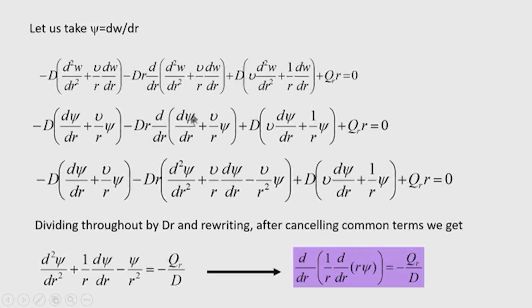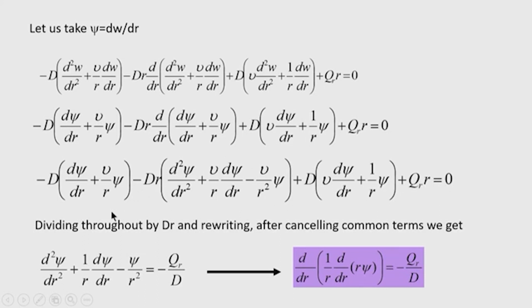Previously it was 2 terms, now we get 3 terms, because after differentiation with respect to r it will be d square xi by dr square, then d xi by dr, and then 1 by r has to be differentiated again. So this quantity is written plus q r into r equal to 0.